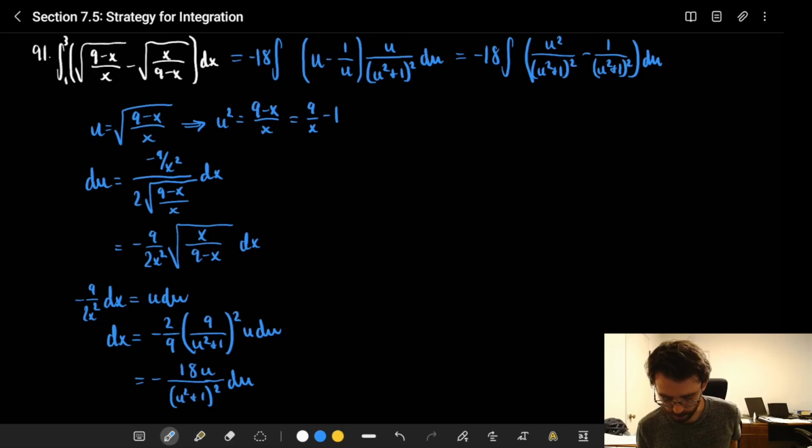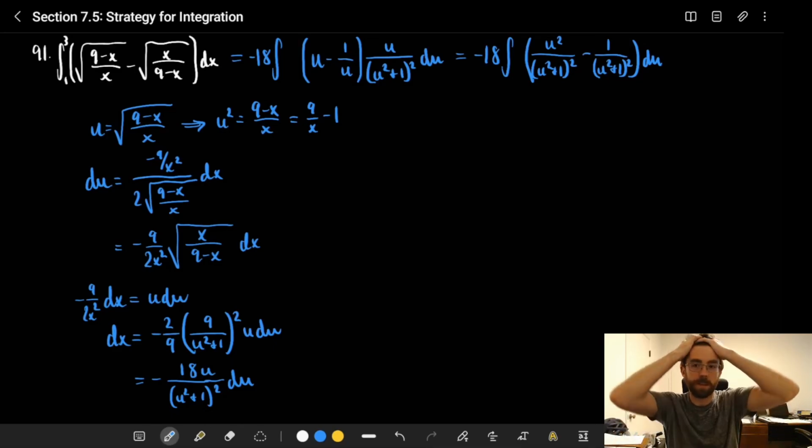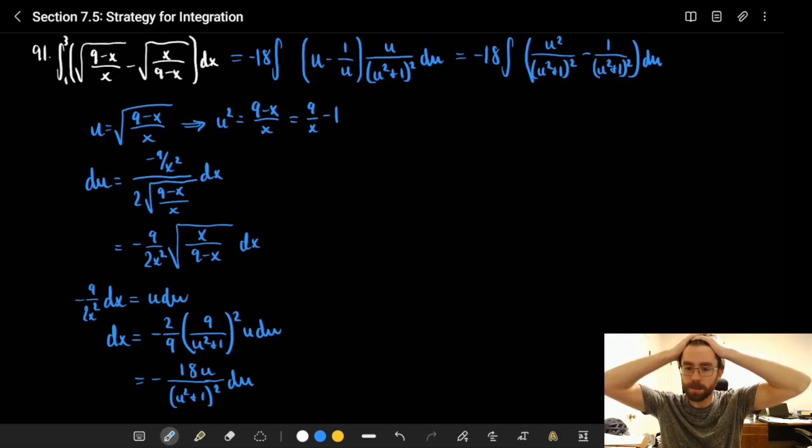Is it solvable? I guess I could combine the two integrals. I mean, can you do partial fractions here?